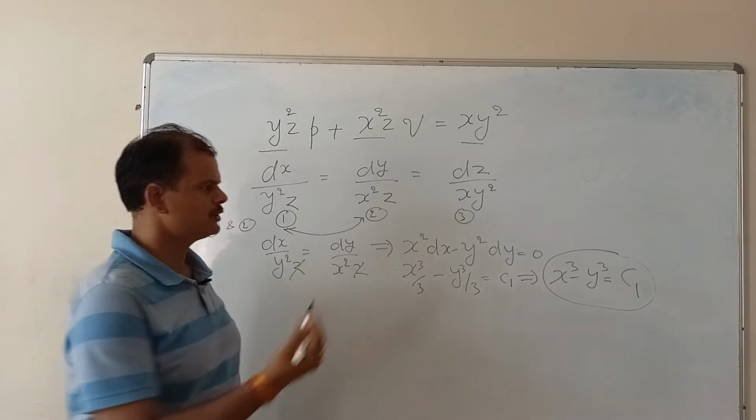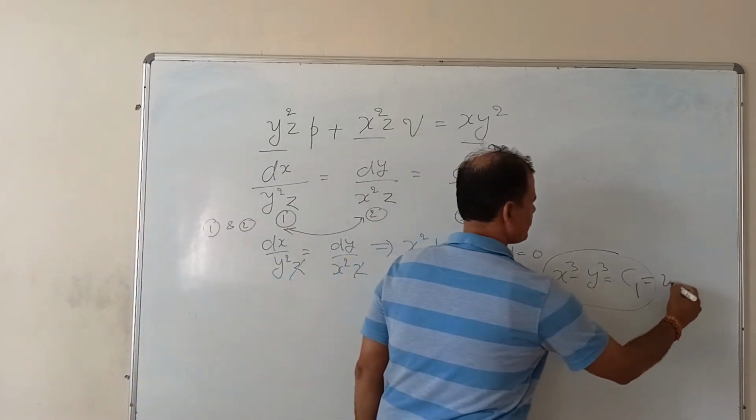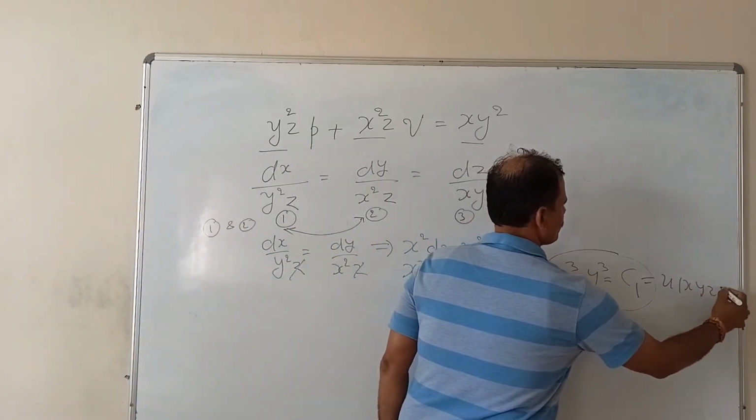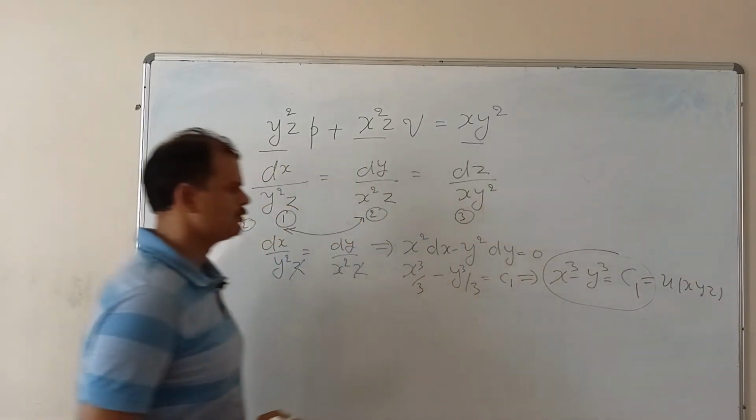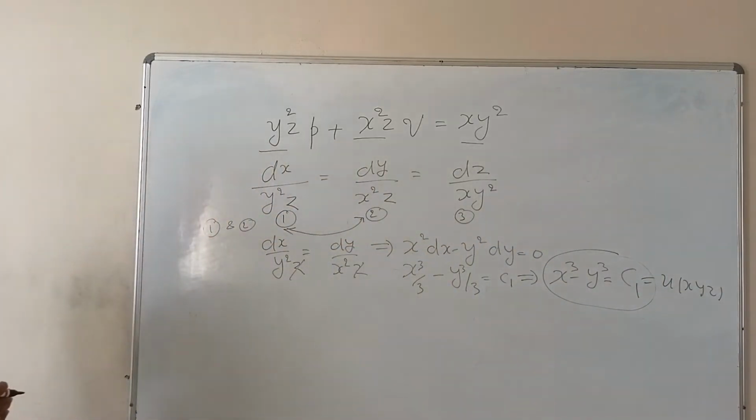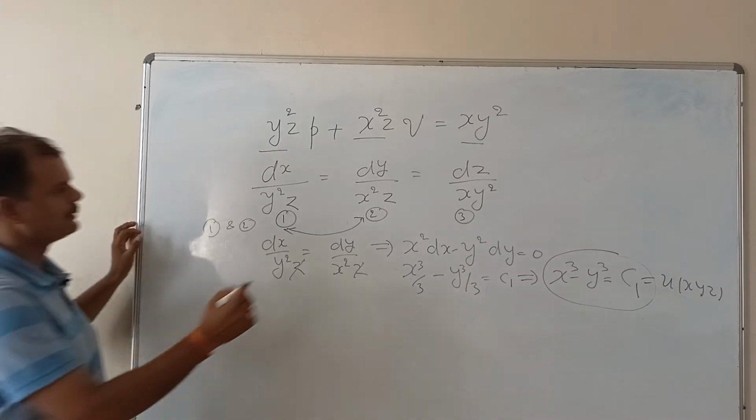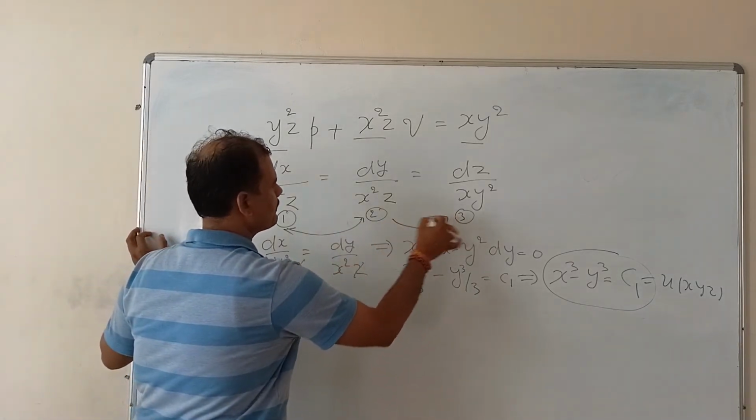Okay, so let us have u equal to x cube minus y cube. This is your one solution. What about the second solution? If you want to take ratios 2 and 3, what will happen?